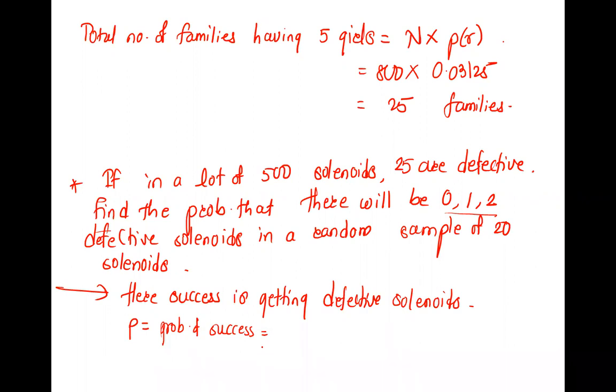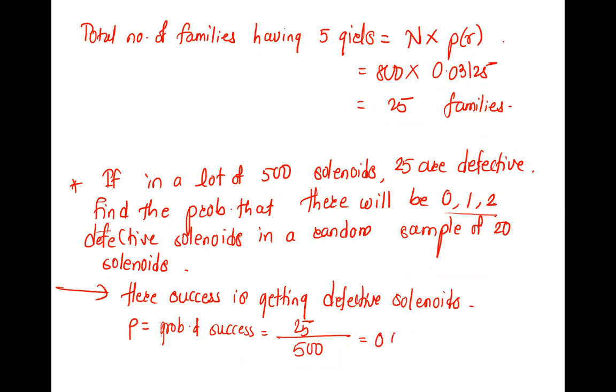Number of favorable outcomes upon total number of outcomes. Favorable means defective, so 25 are defective, upon the total number, 500. Remember the formula also. If it is not directly given, use the formula and find P. Check it out.